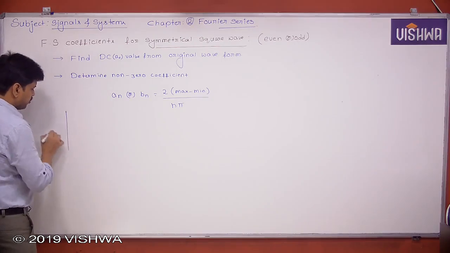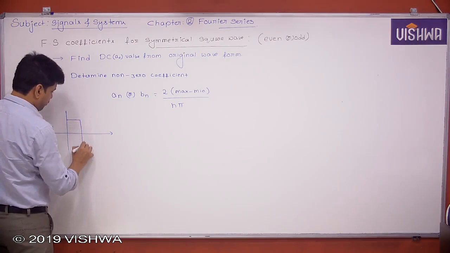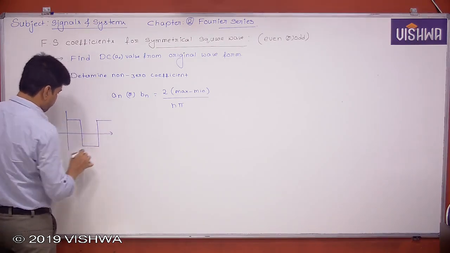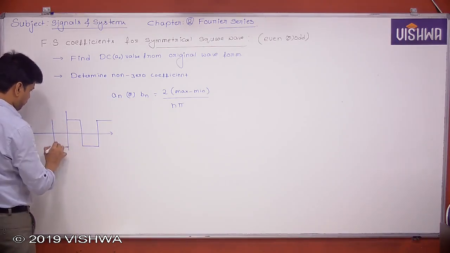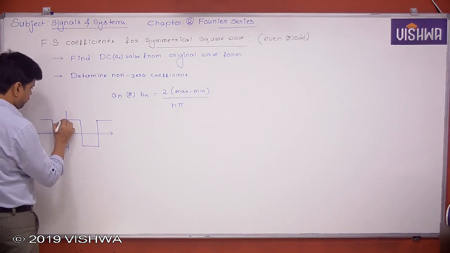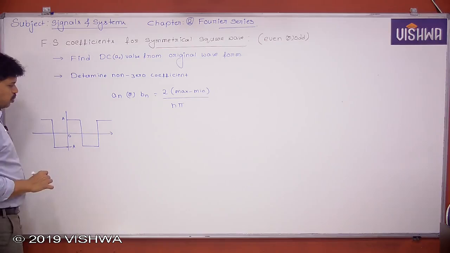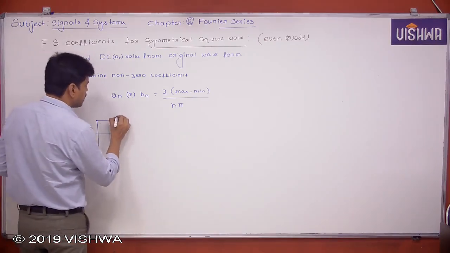Suppose a wave is given like this, with amplitude A and minus A. So what kind of symmetry is it exhibiting?